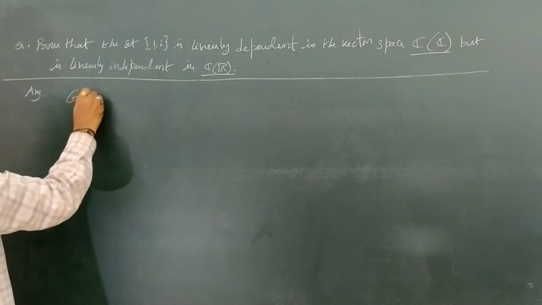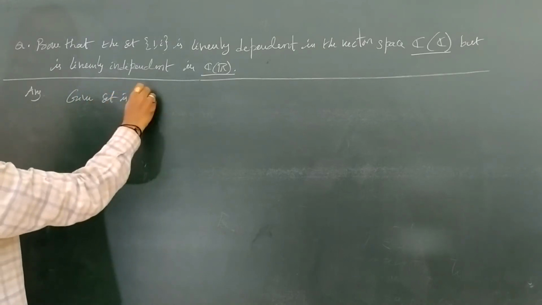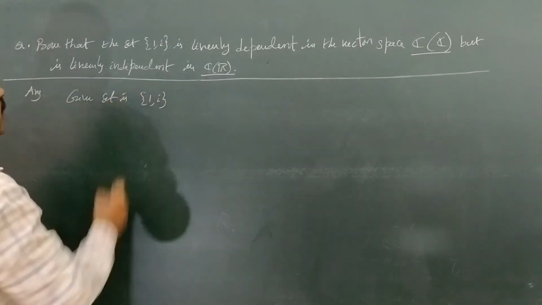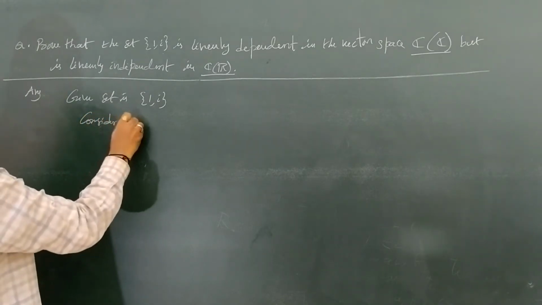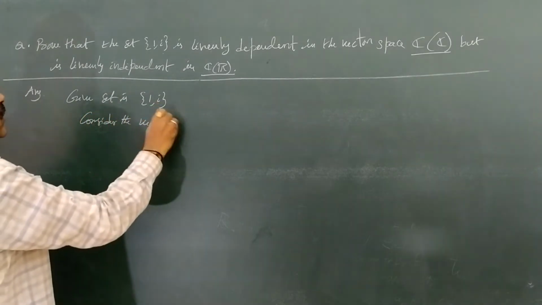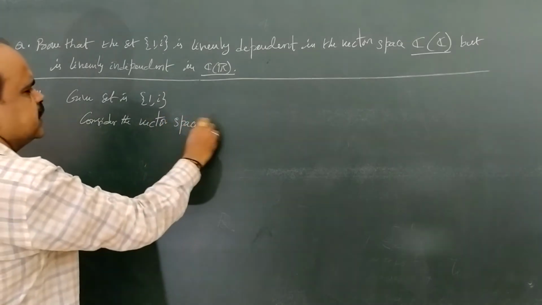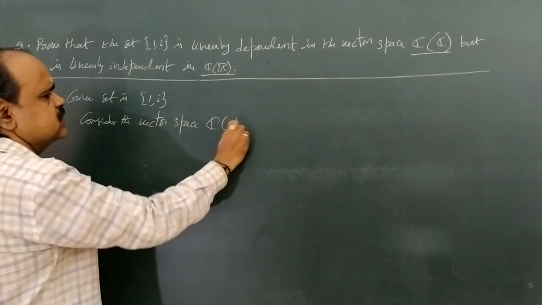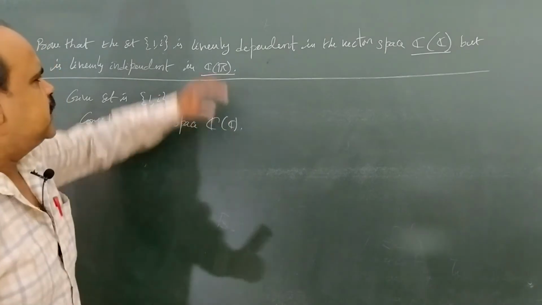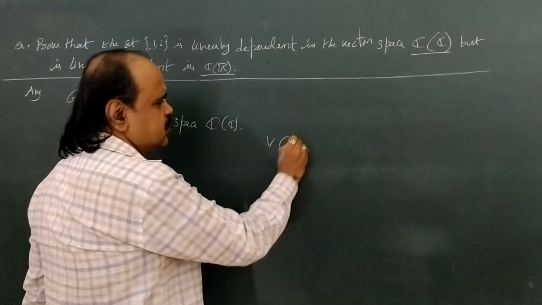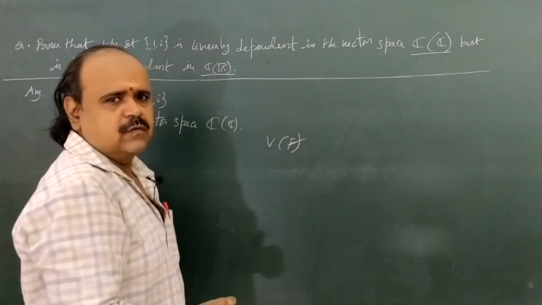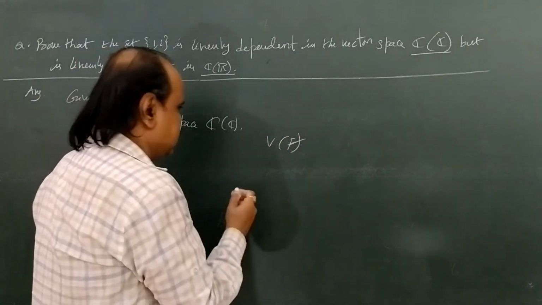Given set is set 1 comma i. Consider the vector space C of C. Okay, to prove linearly dependent or linearly independent, what is the importance of capital F here? Why do we define the field of scalars?